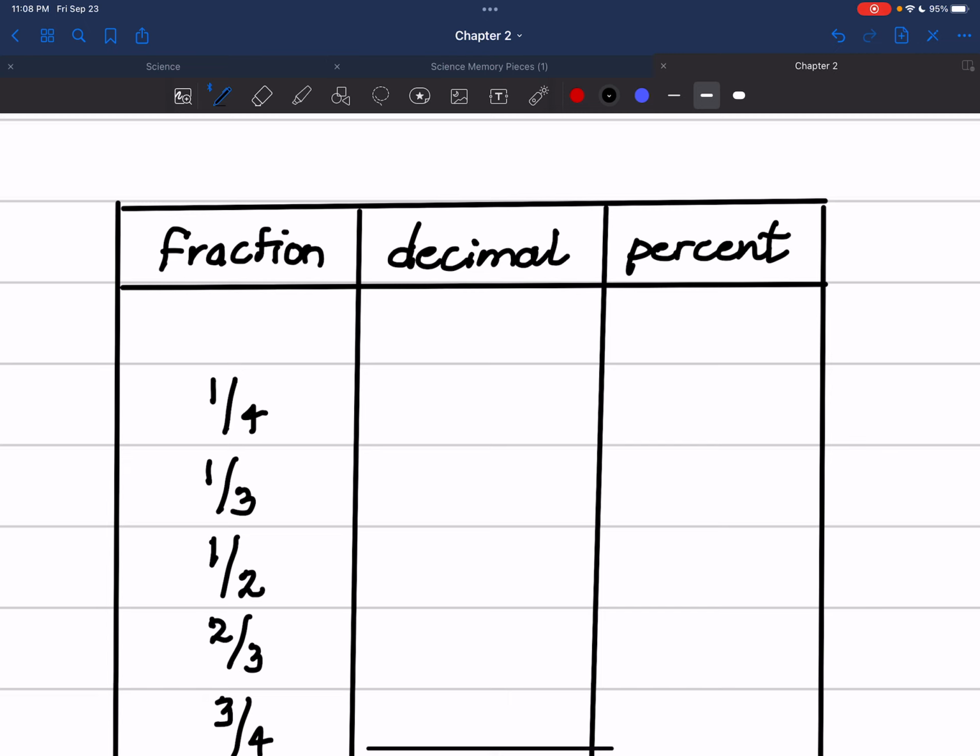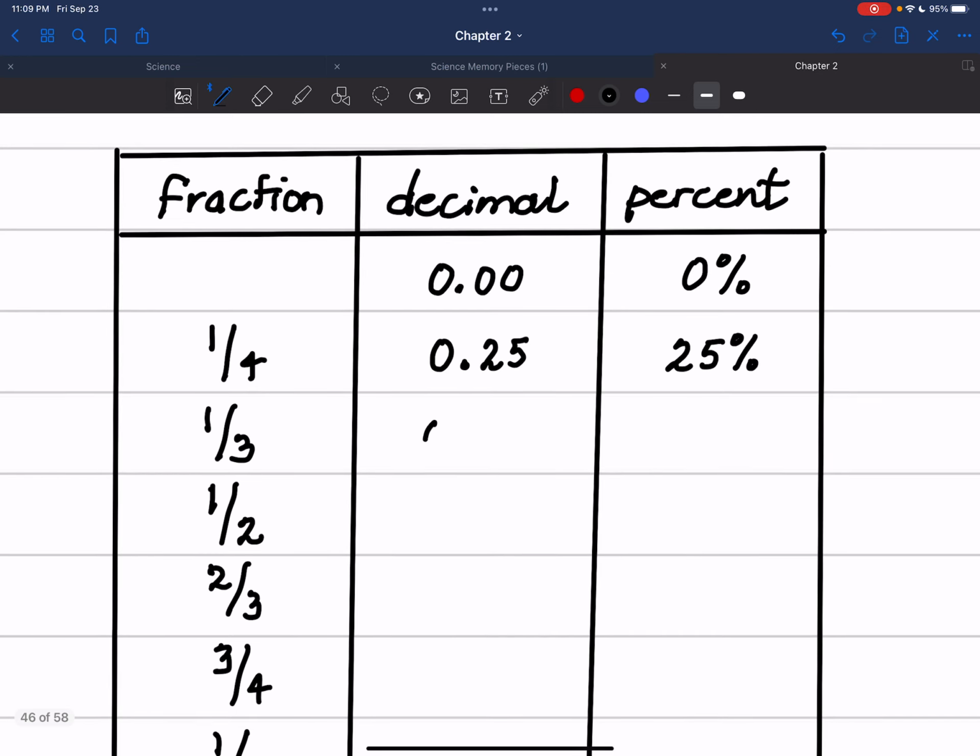But the decimal would be 0.0, so 0%. 1/4, the decimal is 0.25. What is 1/4 of a dollar? It's a quarter, 25 cents. That is also 25%.